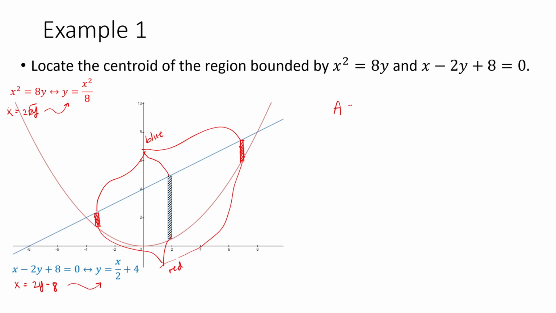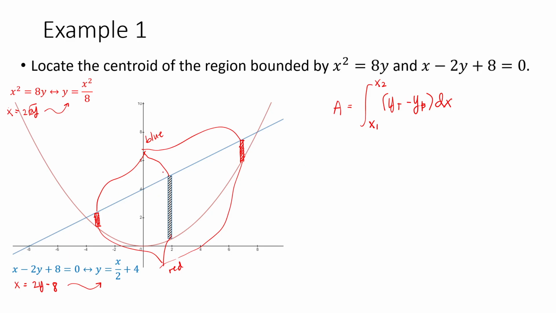Okay. So again, recalling our knowledge of what we have discussed previously, since we're going to solve for the area using a vertical strip, that will be the integral of y top minus y bottom dx from x1 to x2.